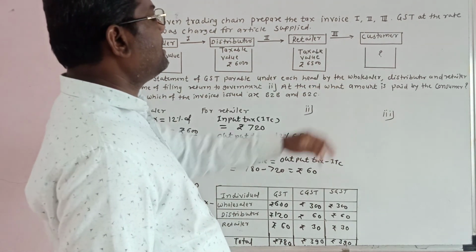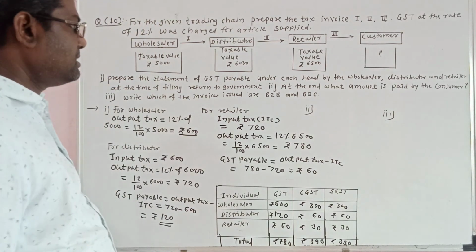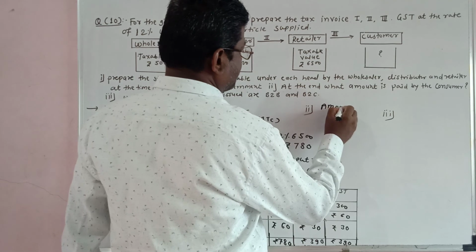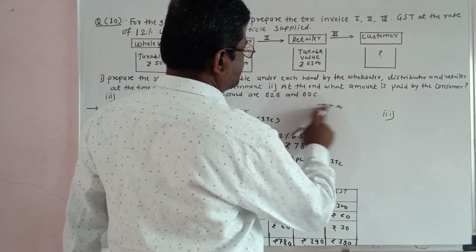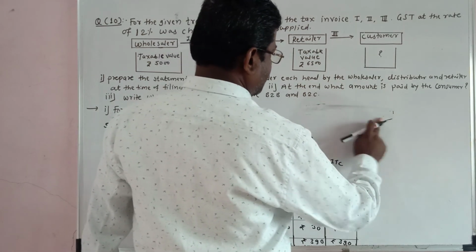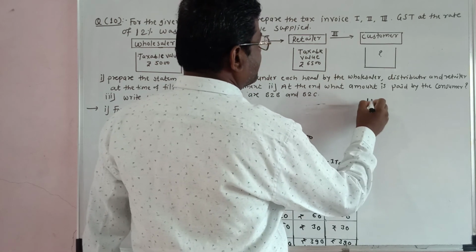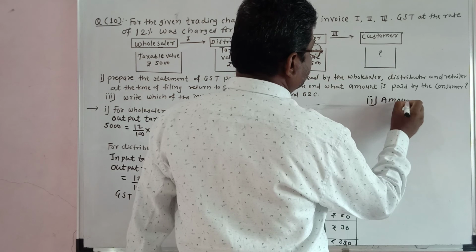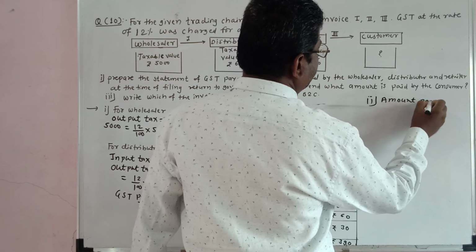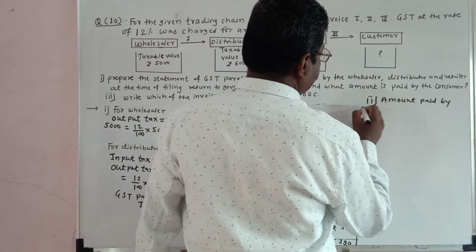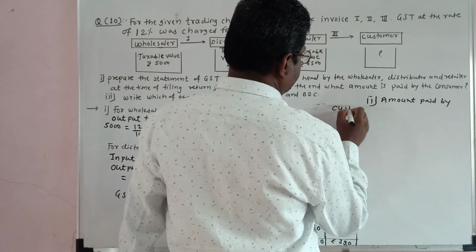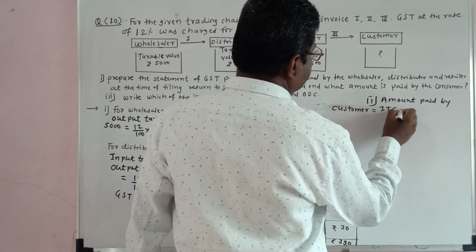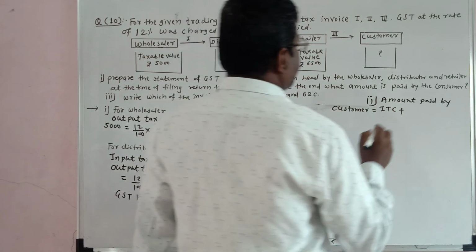This is number 1. Number 2, at the end, the amount paid by the customer. Amount paid by the customer is equal to ITC plus taxable value.